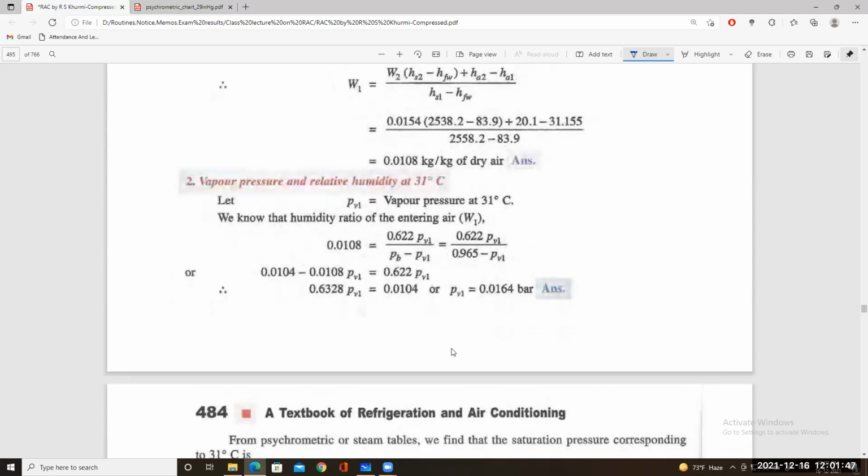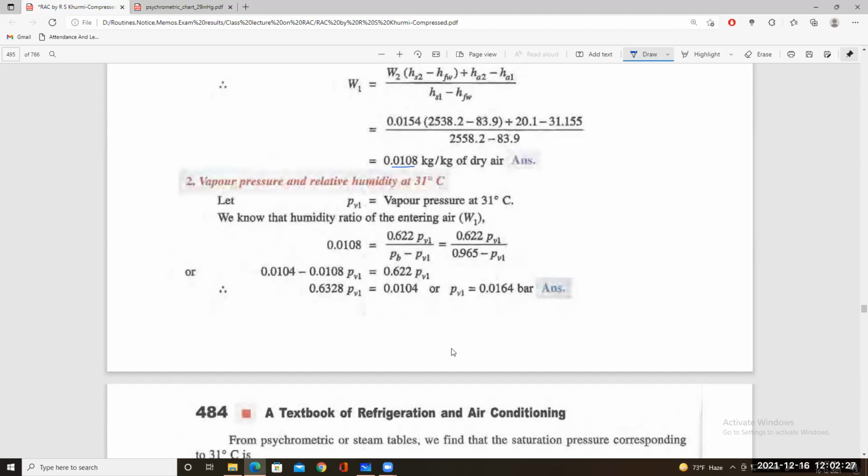Next comes the vapor pressure and relative humidity at 31 degrees centigrade, that is, for the entering air. For the vapor pressure at 31 degrees centigrade, you know the humidity ratio of the entering air, W1, which you have already calculated as 0.0108. It is given by 0.622 multiplied by the partial pressure divided by the barometric pressure minus the partial pressure.